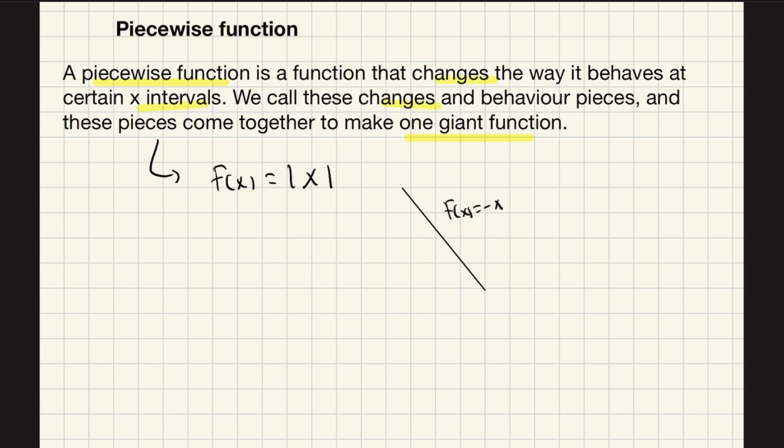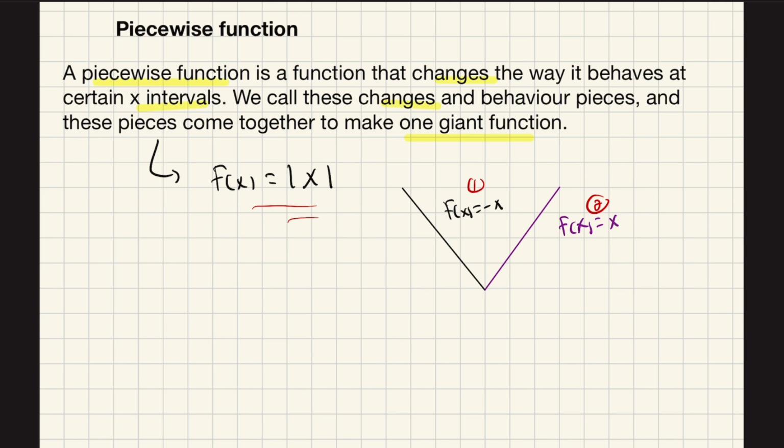But when x is positive, or greater than 0 in general, then it behaves like this. It goes straight up, and it behaves like f at x is equal to positive x. So these two pieces, or two different functions, come together to make this one giant function. So absolute value functions are indeed piecewise functions.